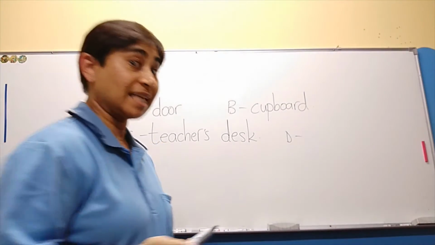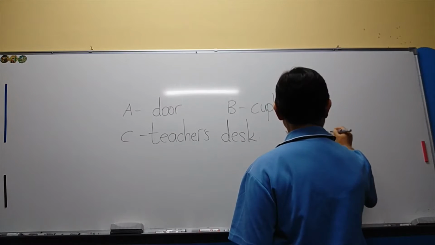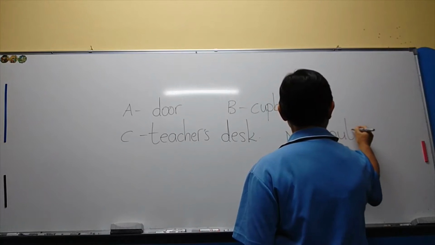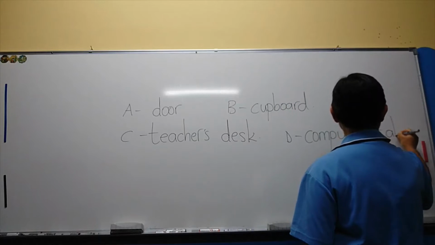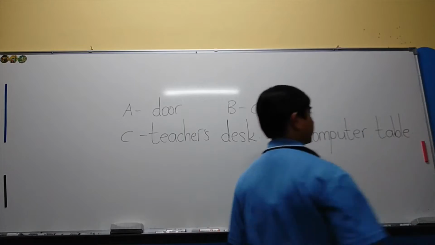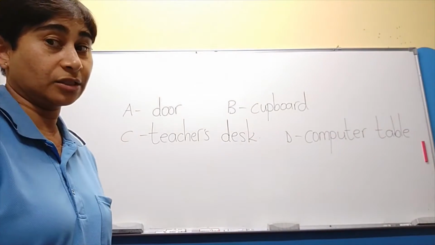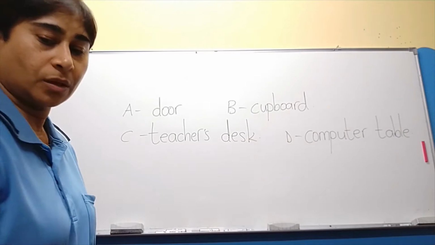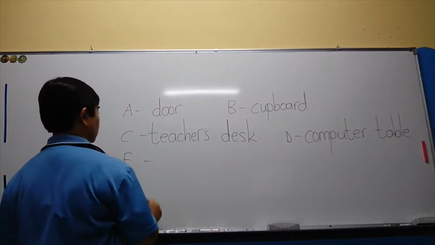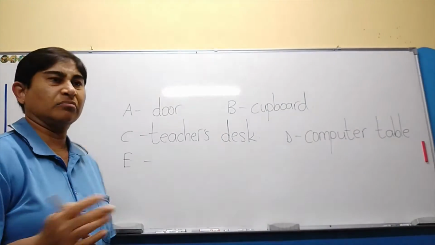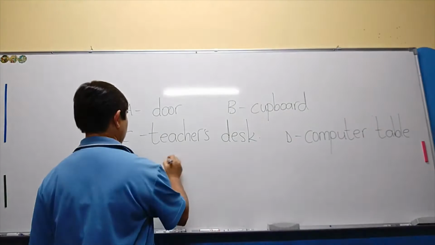It's a computer table. Computer table. Make sure your spelling is correct. Okay? What is E? Okay, that's just a chair. Chair.